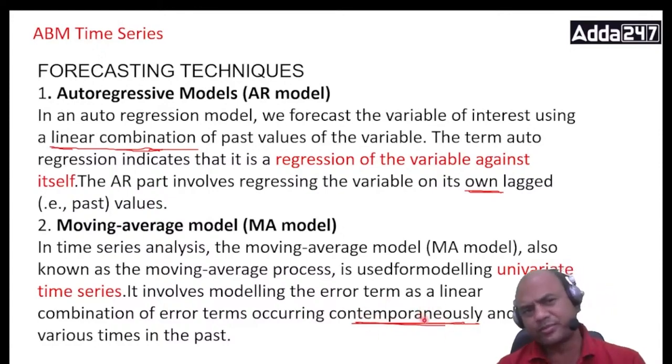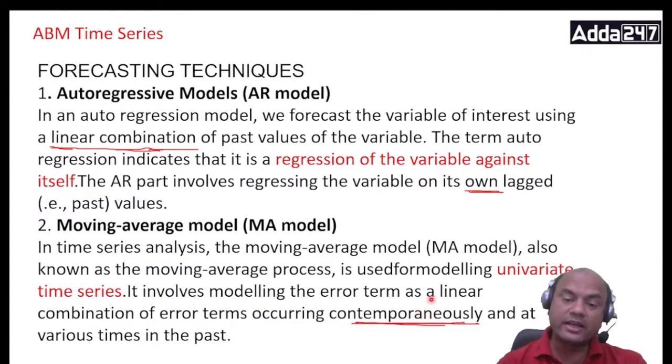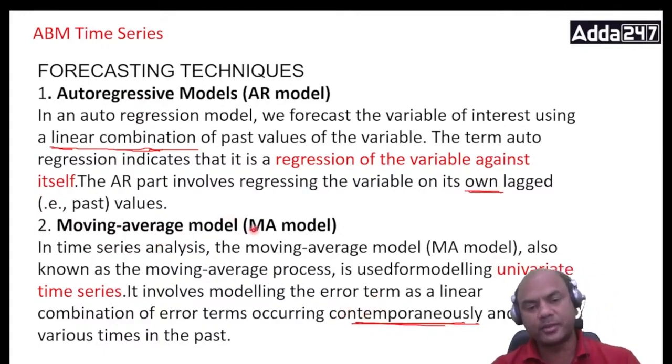Big word. It means the latest. Whichever is the latest will get the highest weightage at various times of the period. So from exam point of view, remember auto-regressive means linear combination and own lagged. Moving average means univariate, and if they give you this word contemporaneously, then it is MA.